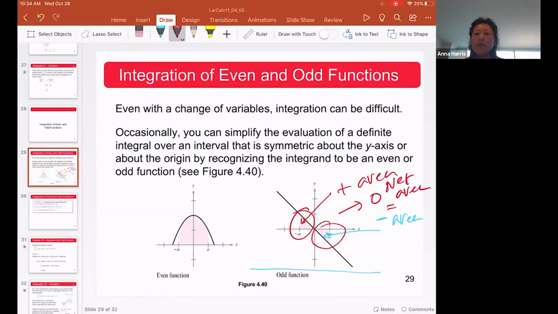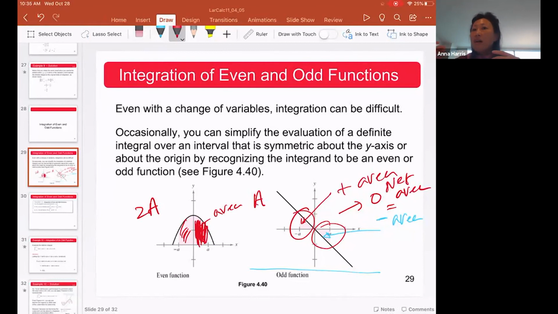An even function is, if you find the area of this, say I'll call it area A, then look at this one, they're exactly the same. So for an even function you're going to have 2A, two of exactly the same area. If I call this A, you just need to multiply that by 2.